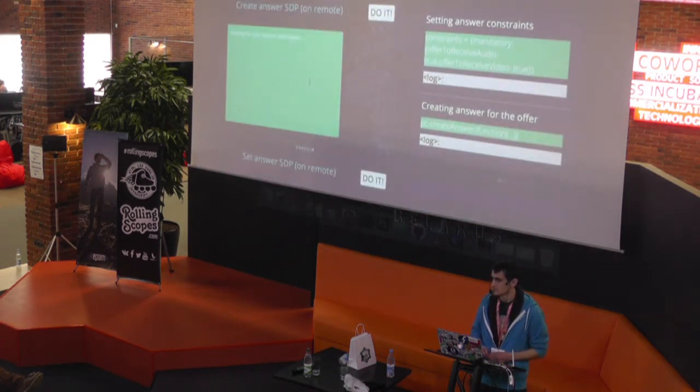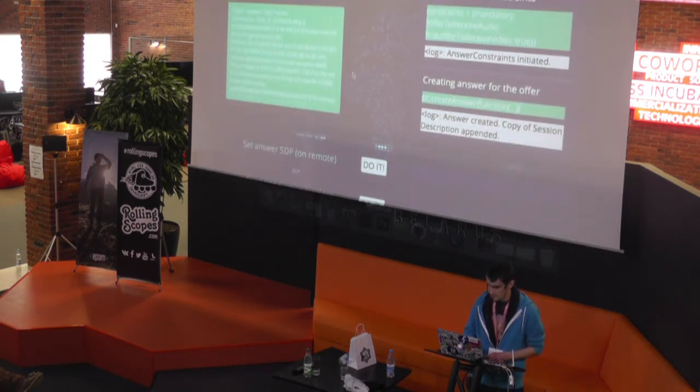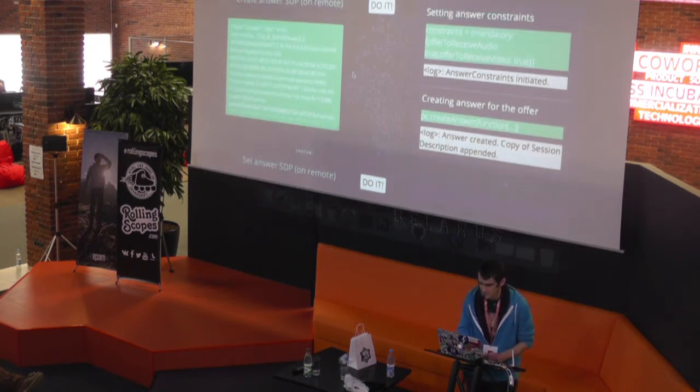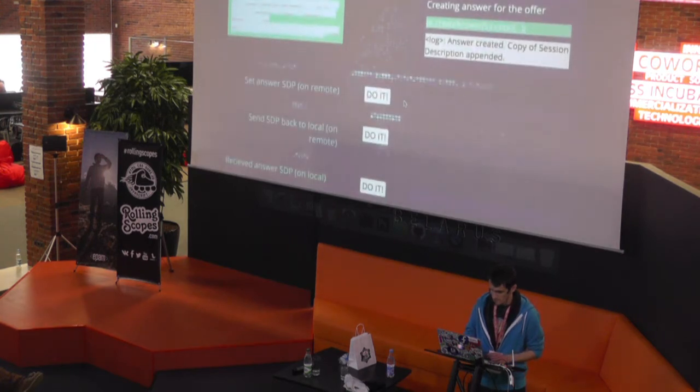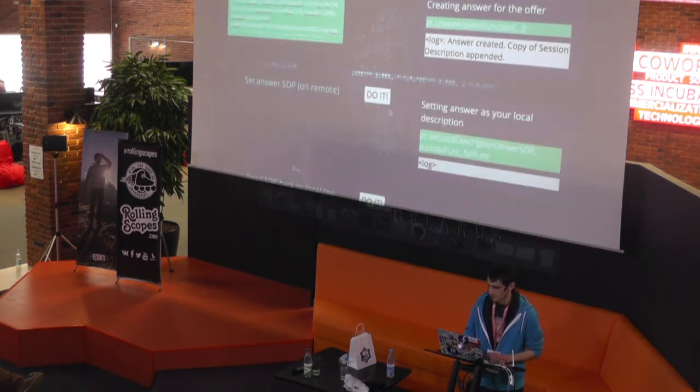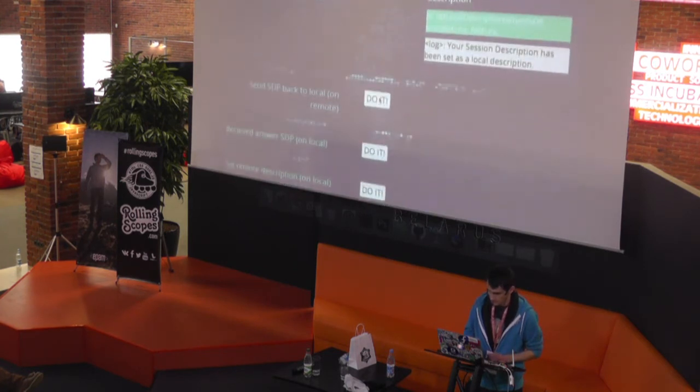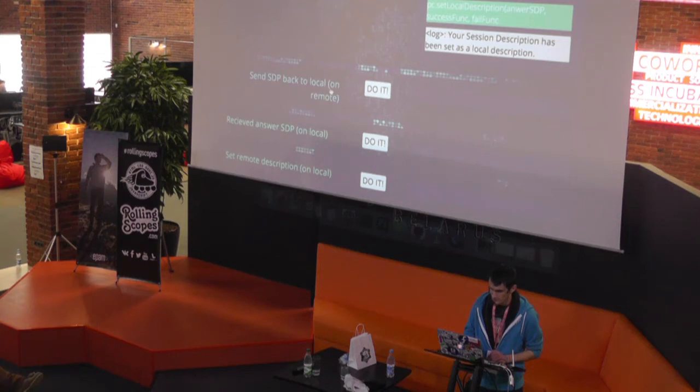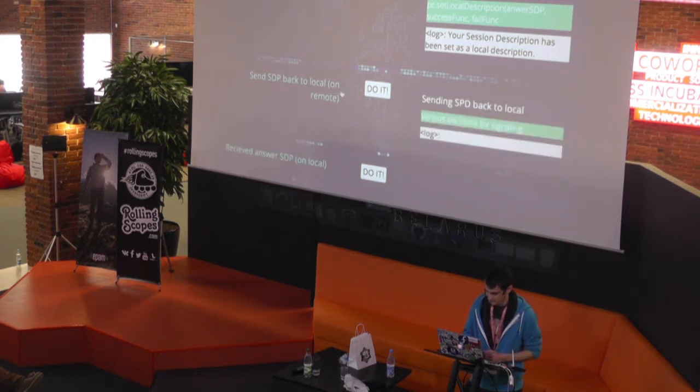So let's create an answer for that offer. You can see the browser created an answer for that offer. And then I set the answer on the remote as a local description. As a next step, I send back the answer to the first participant.